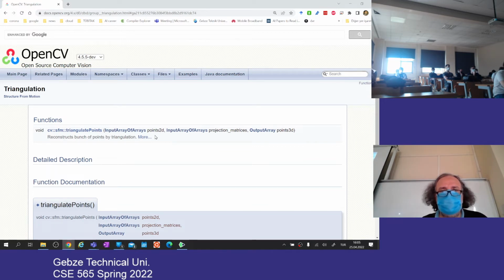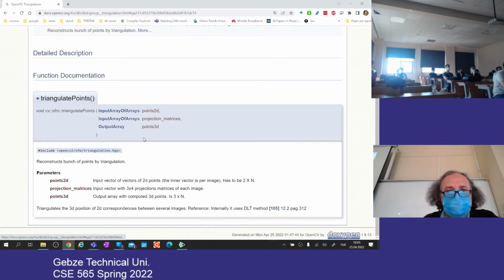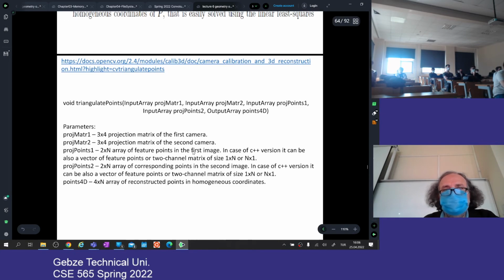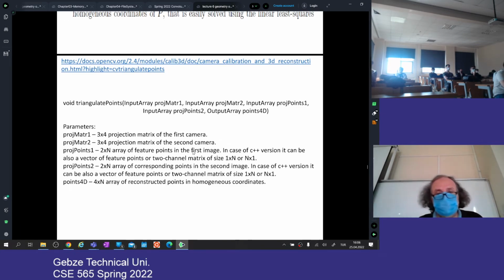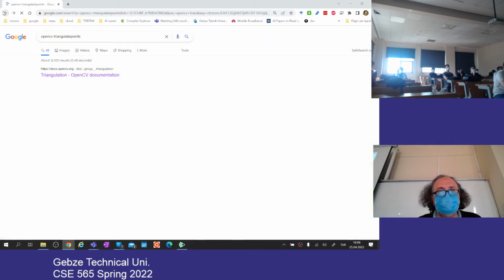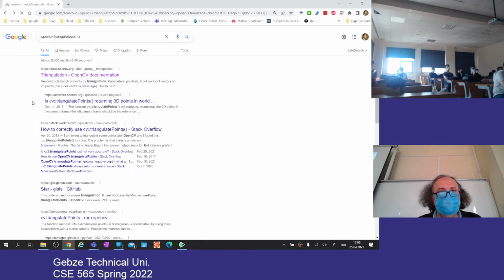This one will take many cameras, I guess. The one that I showed you will take two cameras, 1 and 2. Okay? Good. Well, I remember that there was a tutorial and there was an example about triangulation points.